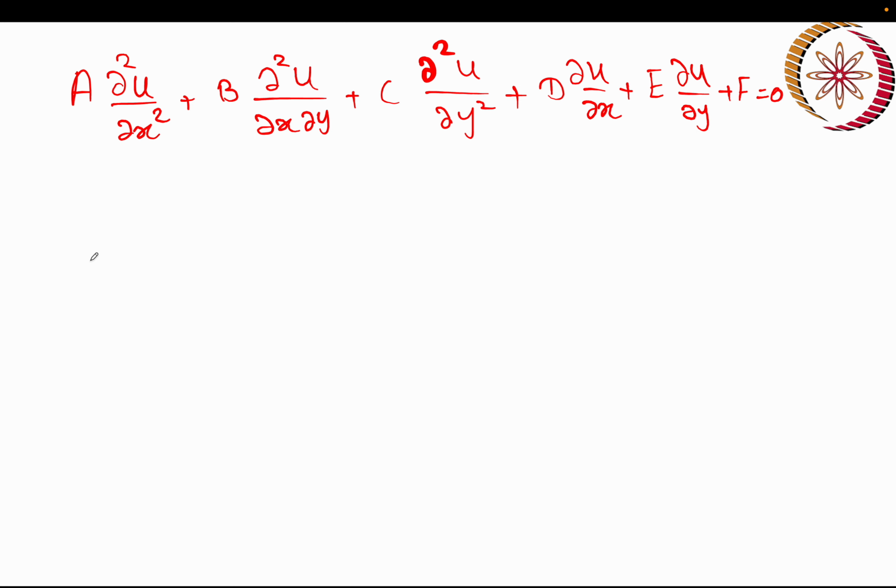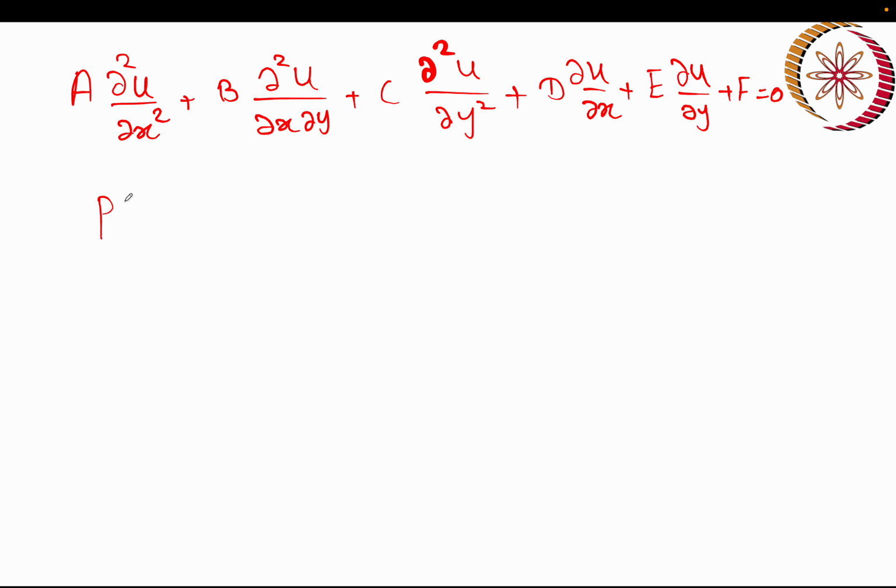This equation can be classified into 3 classes. The reason is not given, but this equation can be solved with characteristic equations, and whether we get the characteristics or not will be decided based on the discriminant, and based on that discriminant they are categorized.